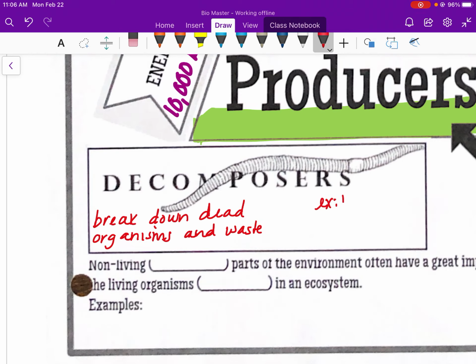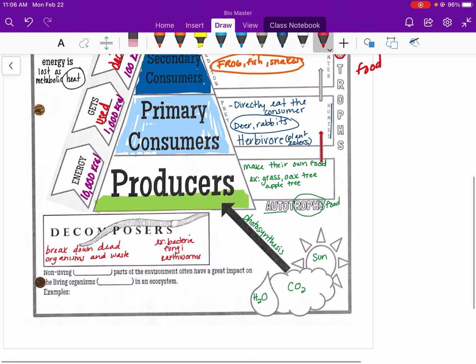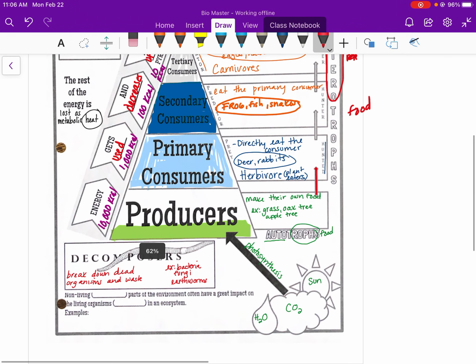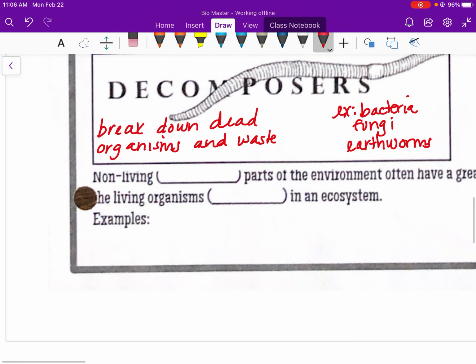So examples of these guys are bacteria, fungi, and earthworms. We're not going to talk a whole lot about them right now, though it is very important that they recycle that energy.